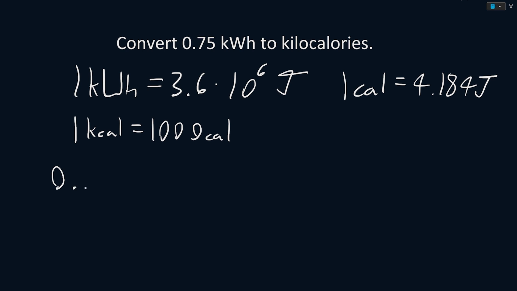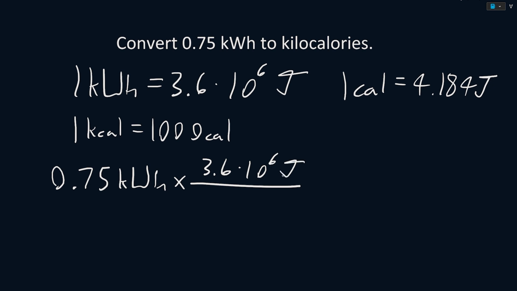So to convert 0.75 kilowatt hours into kilocalories, we need to first convert into joules. To do this, we multiply through our conversion factor of 3.6 times 10 to the 6 joules for every 1 kilowatt hour. Then we can convert from joules to calories by multiplying through our conversion factor of 1 calorie is equivalent to 4.184 joules.